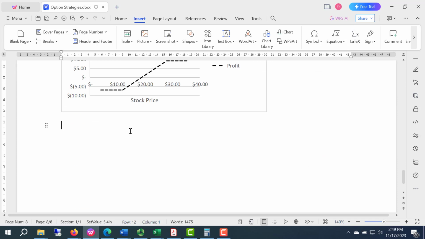Okay, so our portfolio consists of 1 share of stock, 1 put option, and the cash from the sale of the call option.